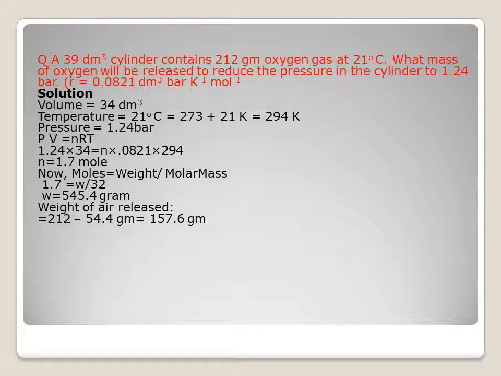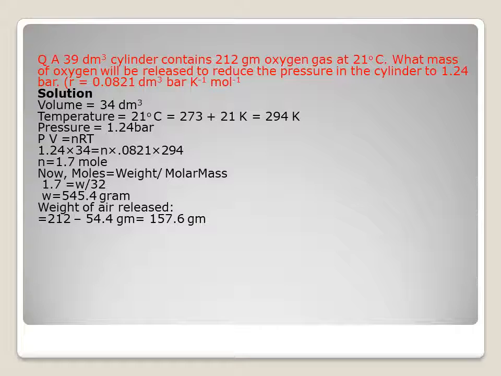Here, the ideal gas formula PV is equal to nRT will be applied. For this, you have to first convert temperature into Kelvin, and n, the number of moles, is given as 1.7 mole. So you have to calculate the mole first. Mole is mass upon molar mass, and the weight you have to calculate.